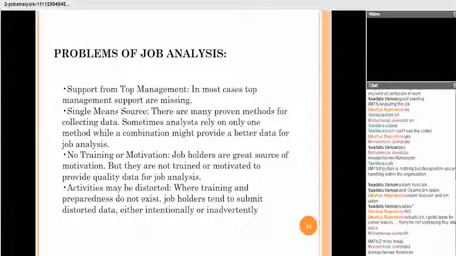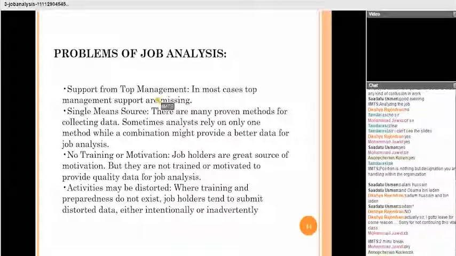Analysis means analyzing things in detail, so that we should be able to get a clearer picture of the job roles and the job description, and also it will help in clarification of roles within the organization.